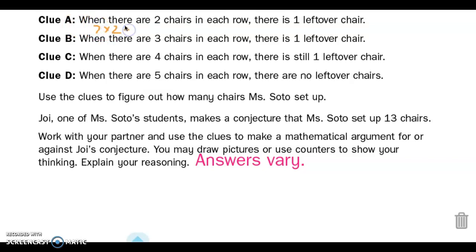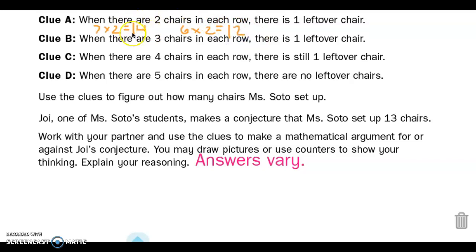And think about if I have an even number times 2. What is my answer always? Well, I know that 7 times 2 is 14, and I know that 6 times 2 is 12.